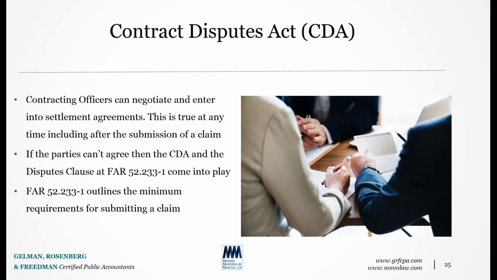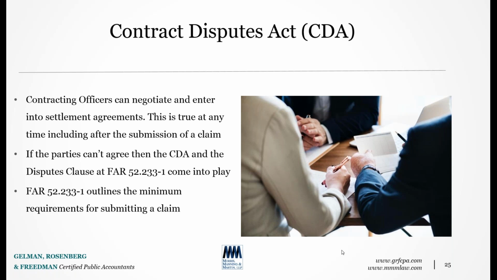They often do, but sometimes the contracting officer will side with you, as the contracting officer may have a better understanding of the facts for your particular contract, your previous discussions and dealings, and what the parties agreed to or intended to agree to. So it's important to keep your communication lines open with the contracting officer, because they can enter into a settlement agreement at any time, including after the submission of a claim.